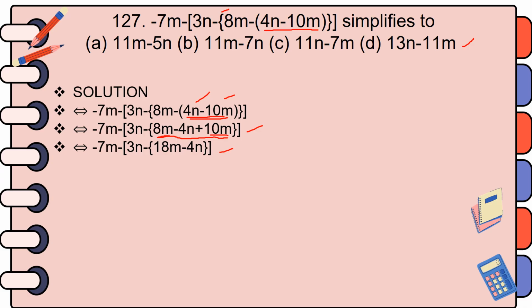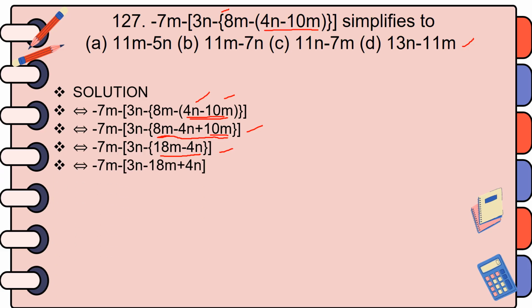Now again, you have a minus sign outside of the brace here. Then the negative sign will be distributed to both 18m and minus 4n, and when you distribute the negative sign to both the numbers, they become minus 18m plus 4n.